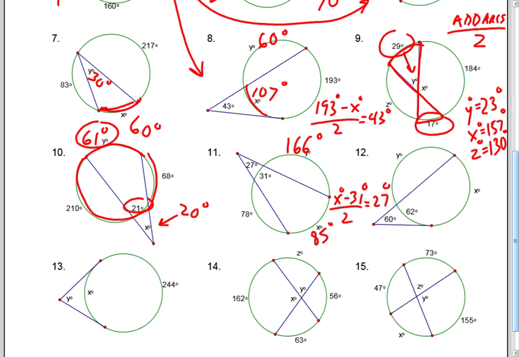Look at the little equation right above it. Any questions on number 11?